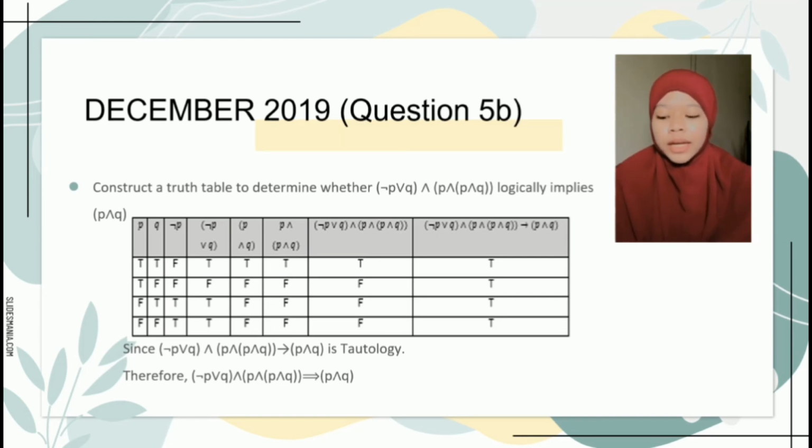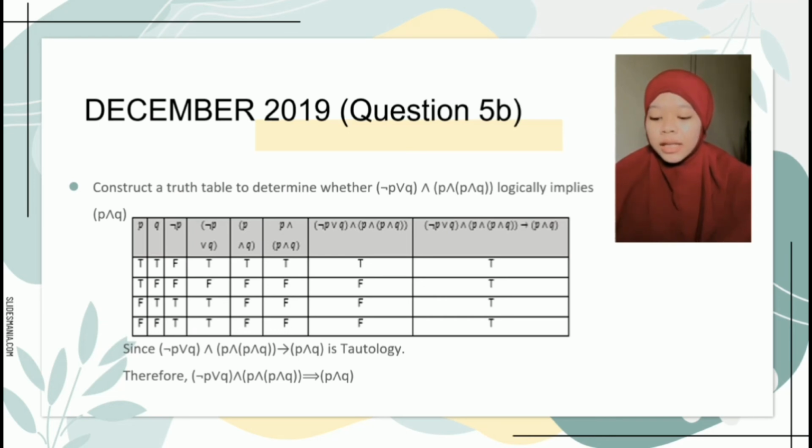And for negation P or Q, here we look at negation P. In row 1, negation of P is false, and Q is true. With the symbol of or, false or false is false, else we get true.